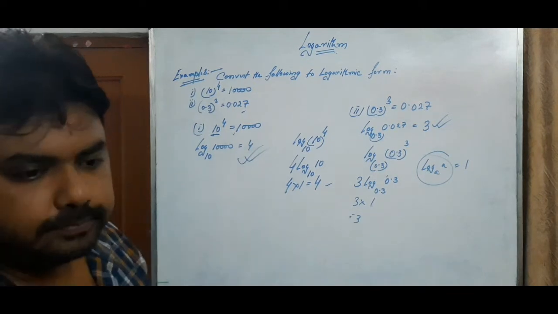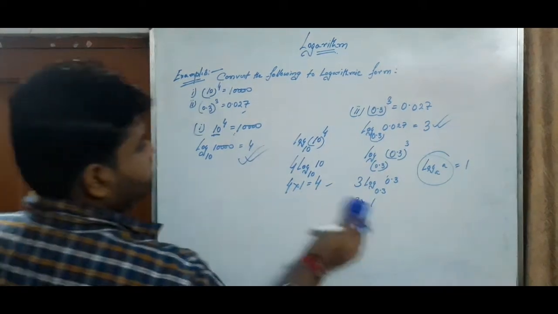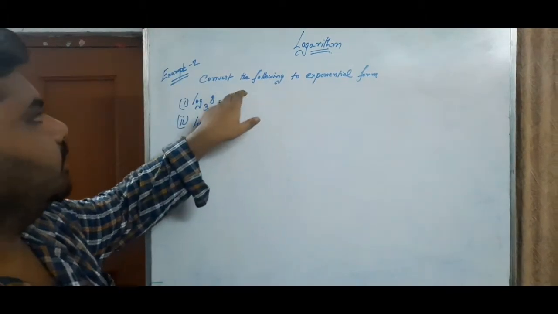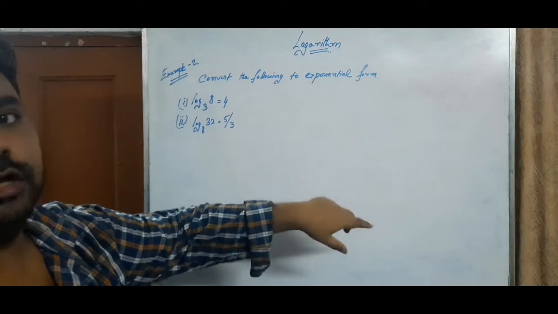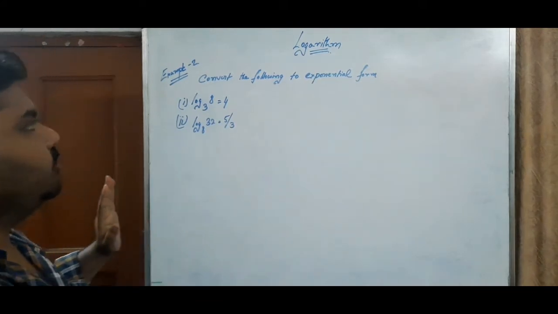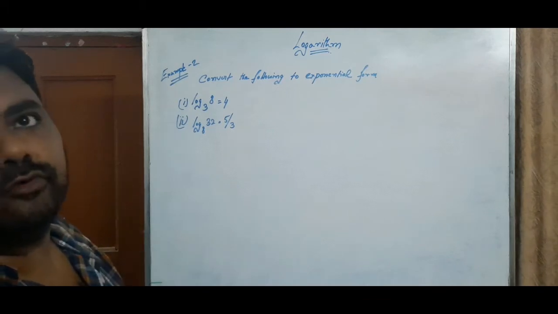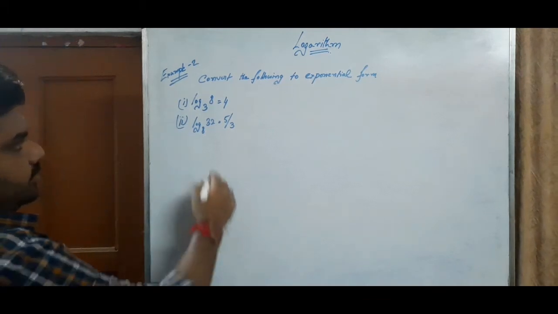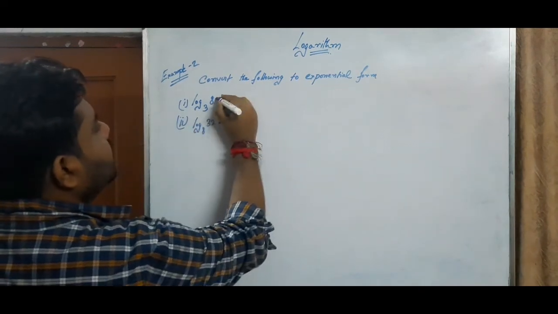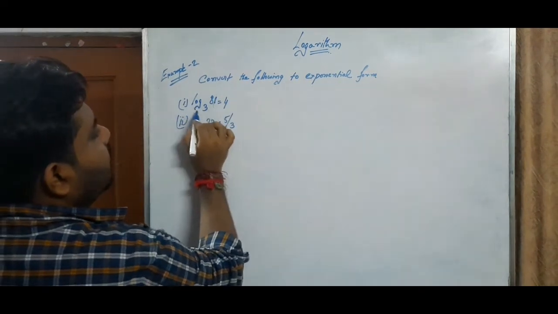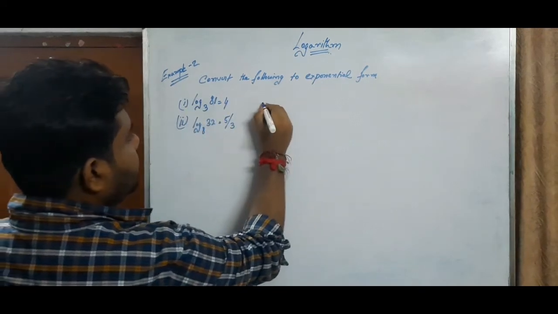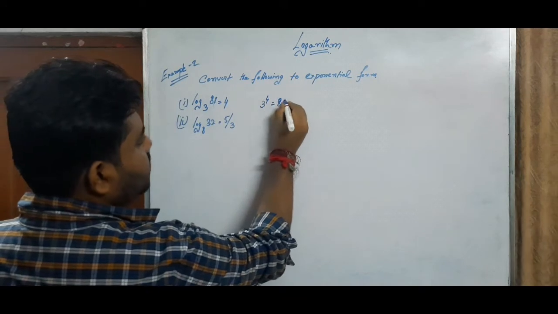The next part. Second example, convert the following into exponential form. The first one we have converted to logarithmic function, and this one we are converting into exponential form. How? Just see. Log 81 base 3. We can write 3 to the power 4 equals 81.